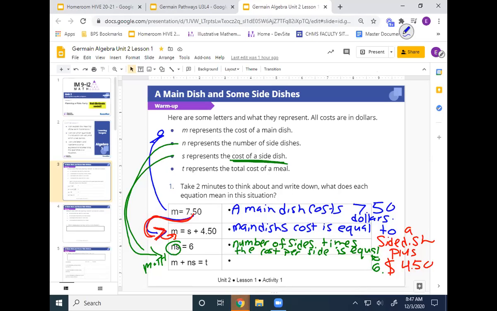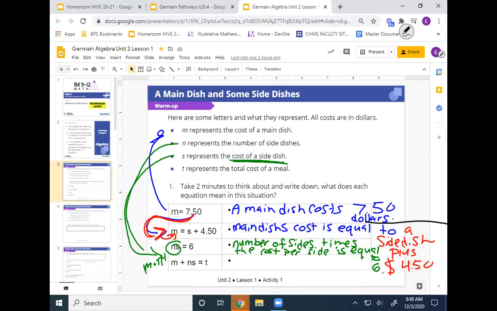Copy that down if you don't have it, because you need to talk about both pieces of it, because it's N times S, so the number of side dishes times the cost per side dish is going to be equal to 6. So then Max said that this last one is talking about the total cost. So what does the total cost include? Kyle said the main dish plus the side dish with the cost is equal to the total cost. So what this last piece is saying is putting everything together.